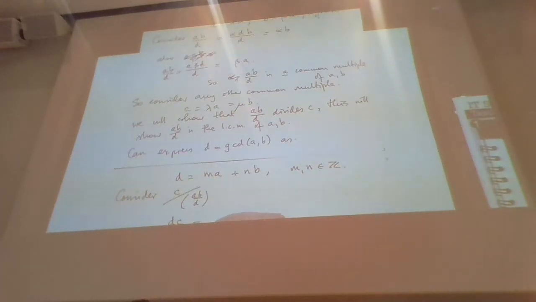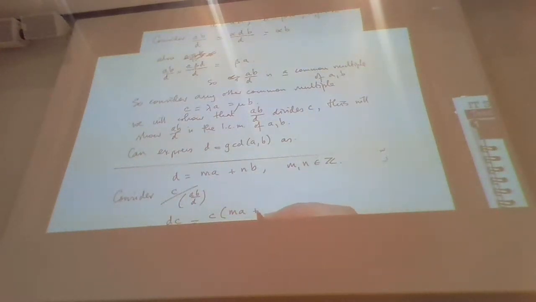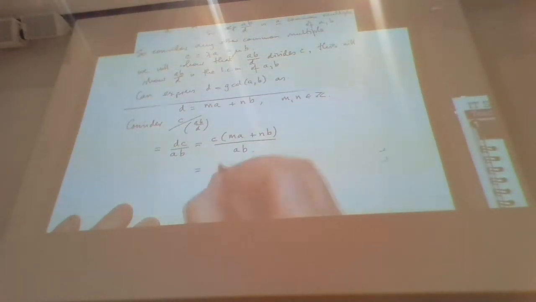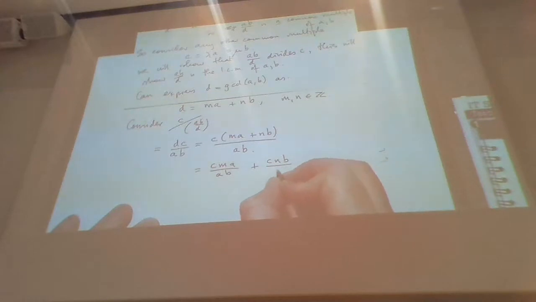We can use the linear combination for D to replace D with MA plus NB over AB. And multiplying that fraction out will give CMA over AB plus CNB over AB.